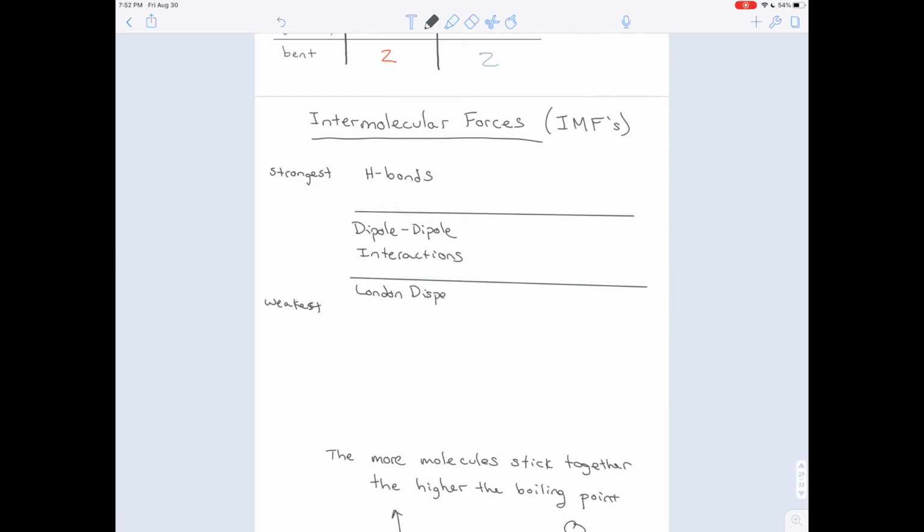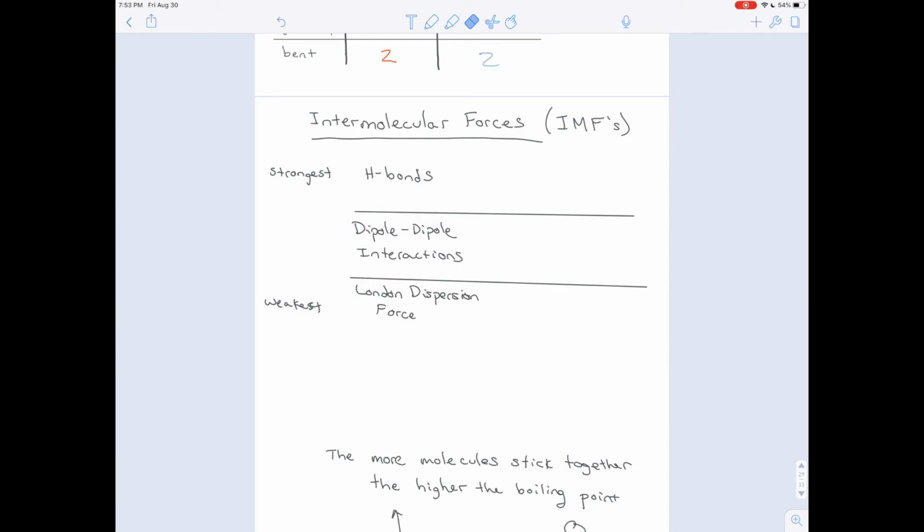Or if you've taken a chemistry class, or you intend to take one, you might see these referred to as van der Waals interactions, just named after one of the scientists who discovered it and worked with it.